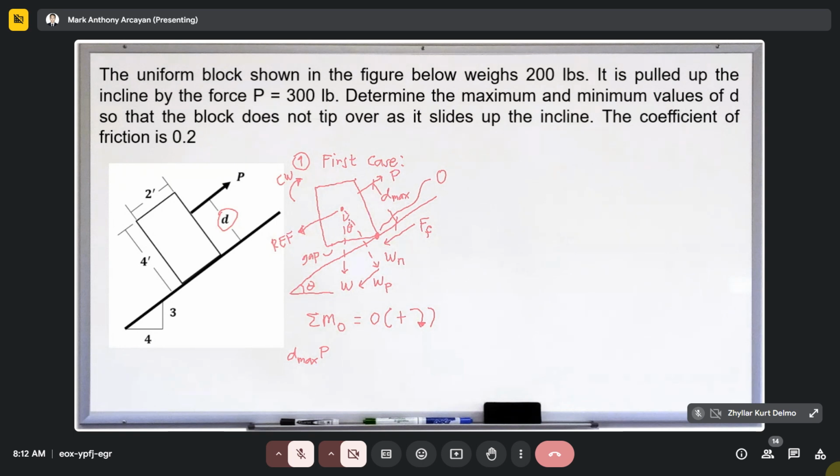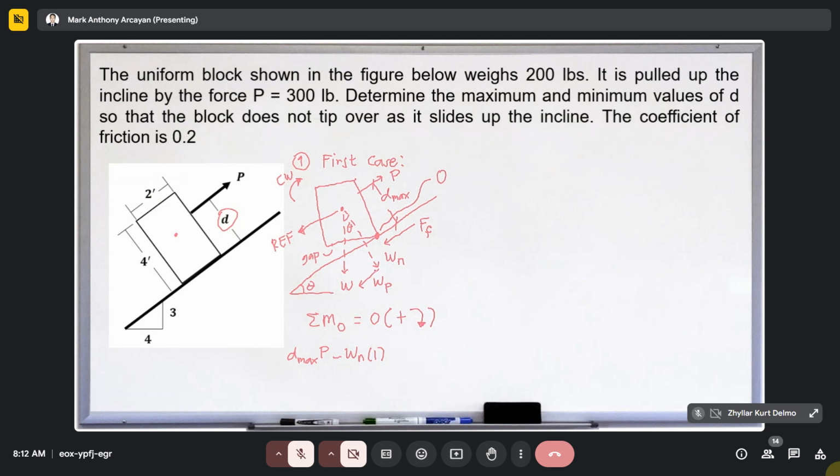The normal component will produce a counterclockwise moment, so it's negative: minus Wn multiplied by its distance. Since the weight acts at the center of gravity, that's half of the width of the block. So that's 1 foot.